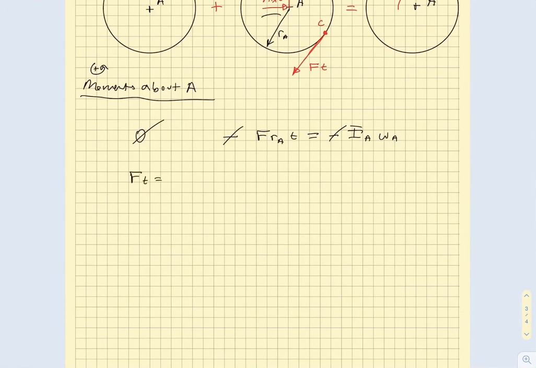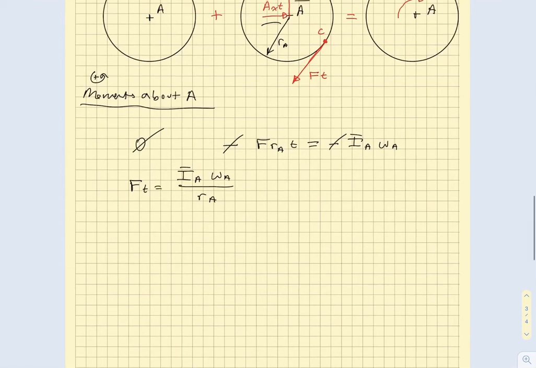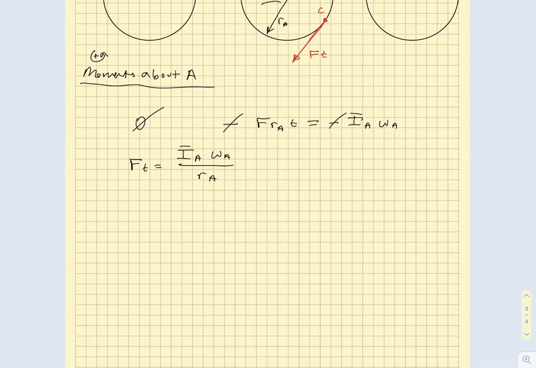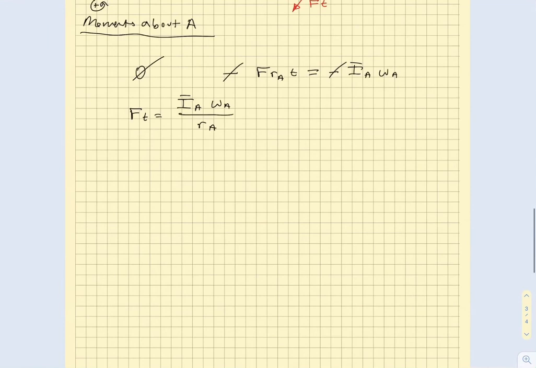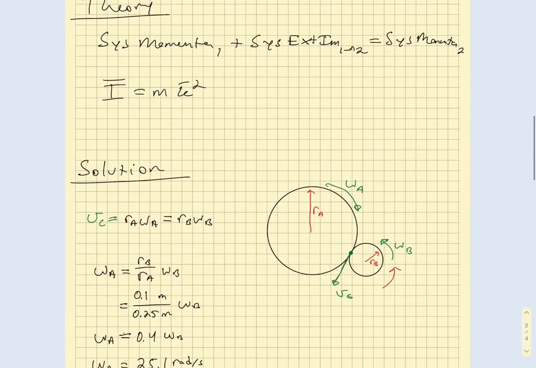This should be equivalent to the rotation of the disk, and since counterclockwise is positive, this will be a negative term, I bar A omega A. So since the negatives cancel out and we have no 0 here, we find that F t should be equal to I bar A omega A divided by RA.